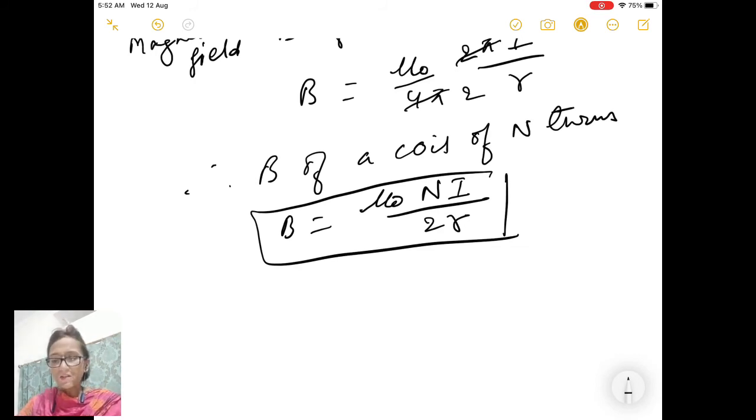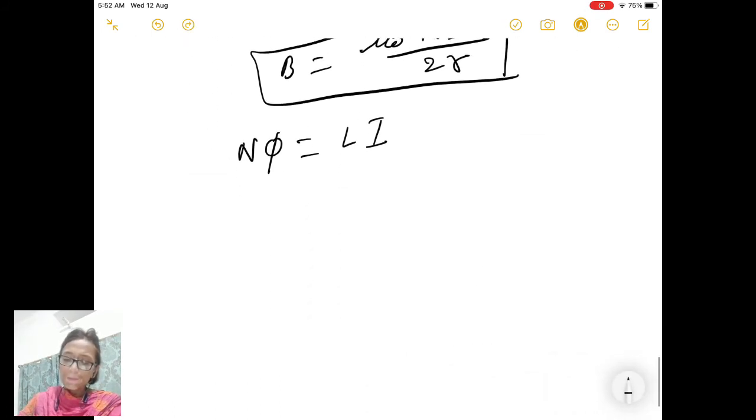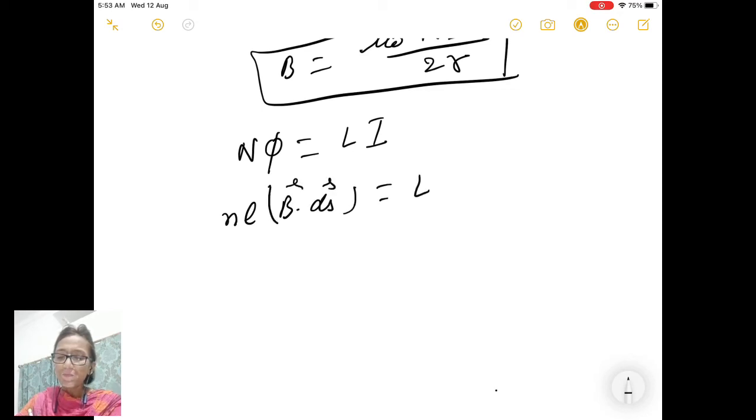Now you can find the self-inductance of the circular coil in this way. You know that Nφ is equal to LI. So now let us put in the values of all things immediately without any description. Here N is equal to N, and the flux φ is equal to B·dS, equal to LI.